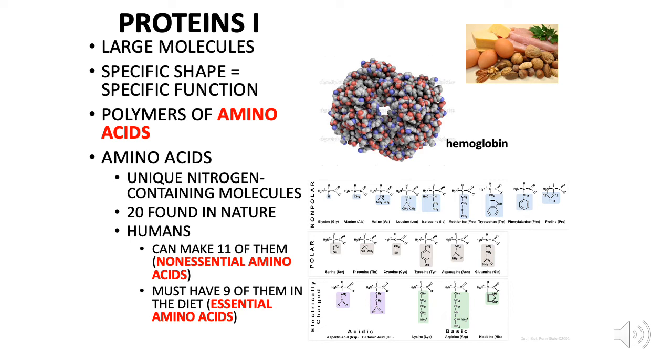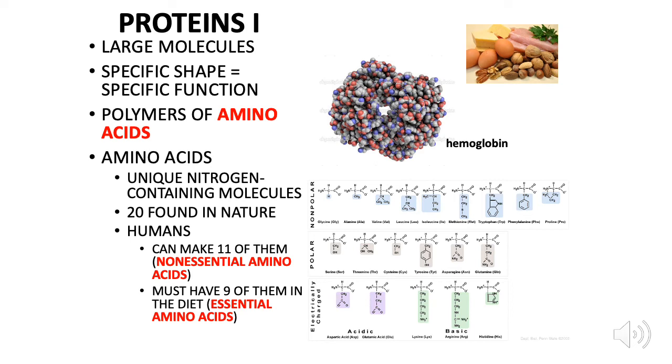Extremely large molecules of incredible diversity. Proteins are molecules that have a specific shape. You'll see an illustration of hemoglobin at right, which is the protein found in our red blood cells responsible for binding oxygen. It is critical to our ability to transport oxygen in our bloodstream, and it has a very specific shape, and its function is linked to that shape.